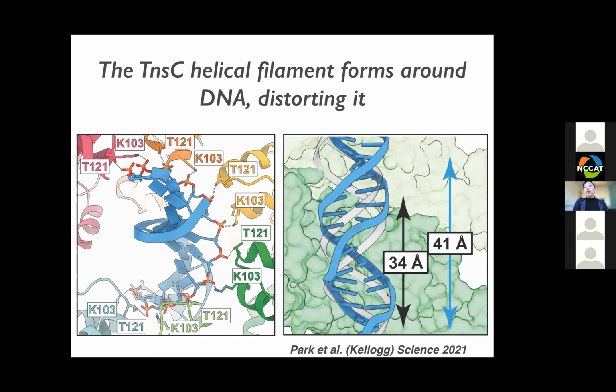And if we compare this to B-form DNA, in blue is the experimentally observed structure, and in white is B-form DNA. And we see that the DNA is lengthened with respect to B-form DNA. So DNA distortions occur along the length of the DNA helix. And very strikingly, you see that it's lengthened by 40 to 41 angstroms.